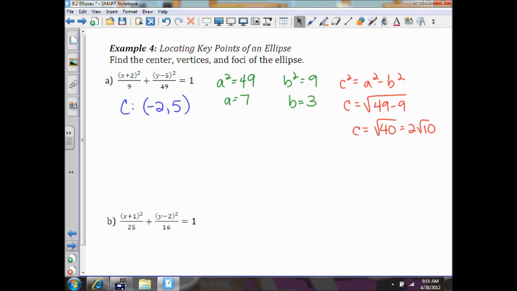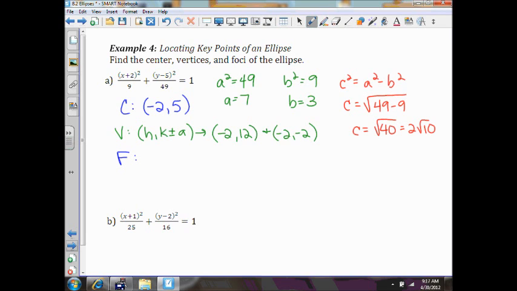Now because the a value is underneath the y squared, that means my vertices will be (h, k plus or minus a). So that means my vertices will be (-2, 12), since 5 plus 7 is 12, and (-2, -2), since 5 minus 7 is negative 2. So there are my vertices.